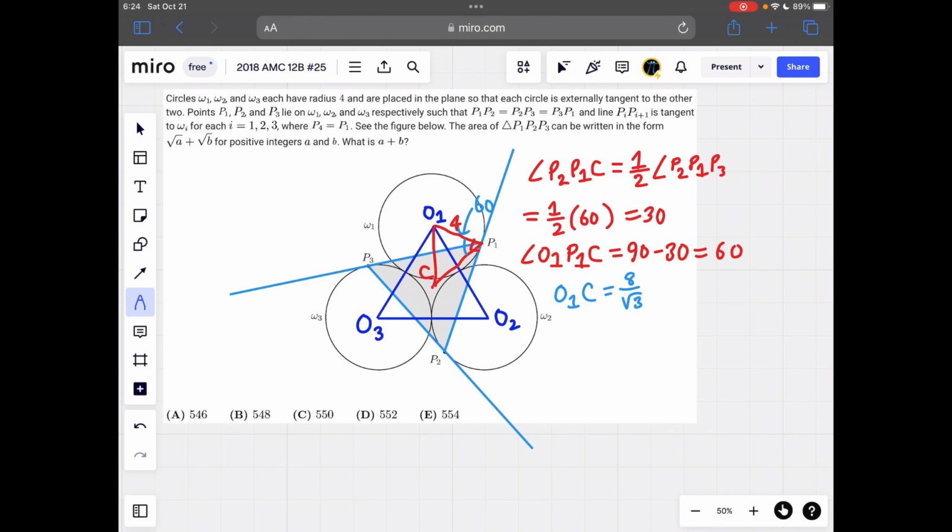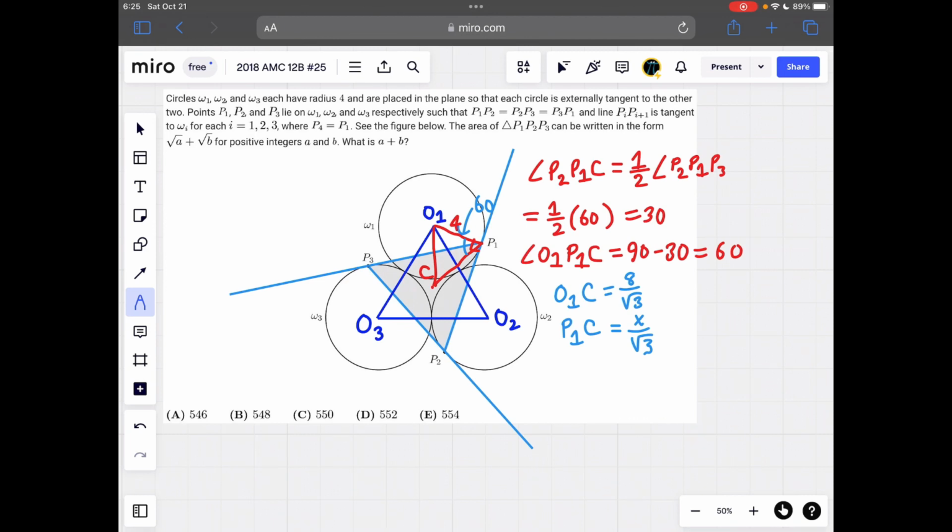And we can do the same thing for P1C. If its side length is x for triangle P1P2P3, then the distance from P1 or P2 or P3 to the center in the equilateral triangle, if it has side length x, it's going to be x over root 3. So now we're ready to break out the law of cosines where the 60-degree angle is located at O1P1C.